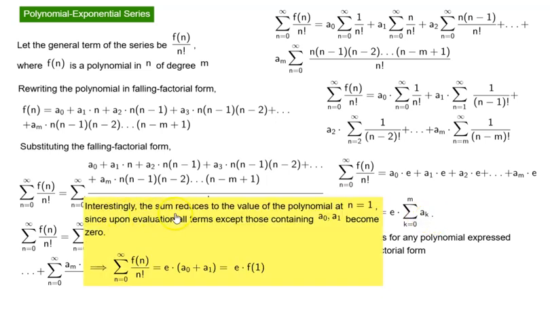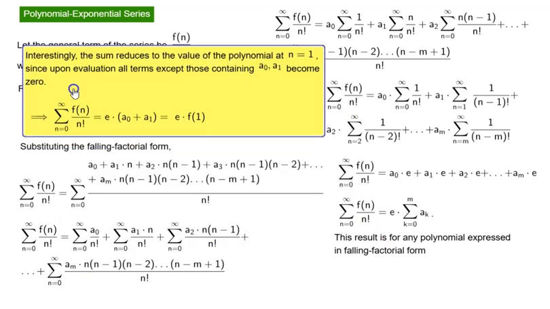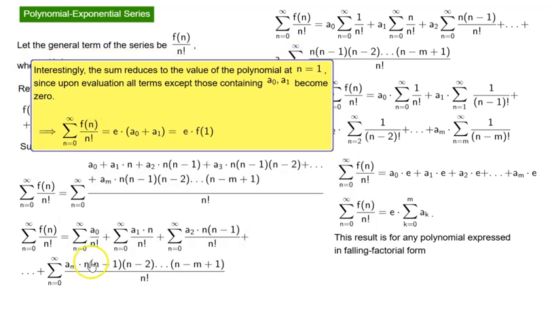Interestingly, the sum reduces to the value of the polynomial at n equal to 1, since upon evaluation all terms except those containing a sub naught and a sub 1 become 0. Here, if you notice, when n equal to 1, what happens? n minus 1 becomes 0.